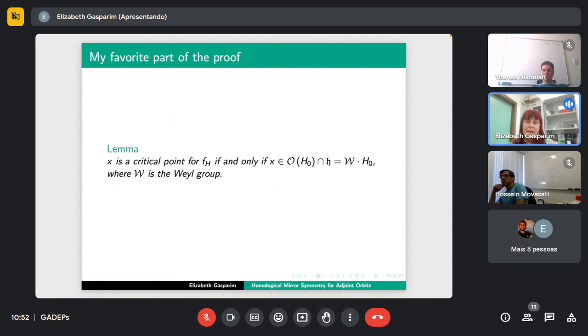There are finitely many critical points of the function. What are they? We start with an element H naught, and you choose the corresponding Weyl group. The Weyl images of the original element are the critical points. Exactly those. So we have finitely many critical points.